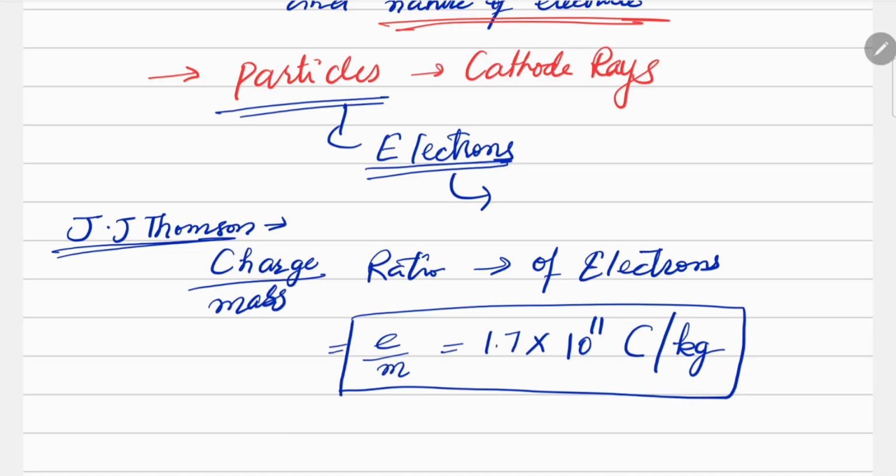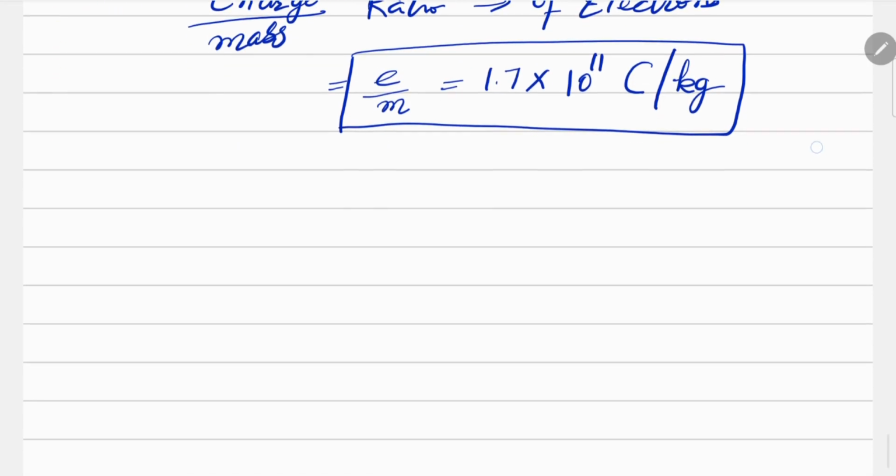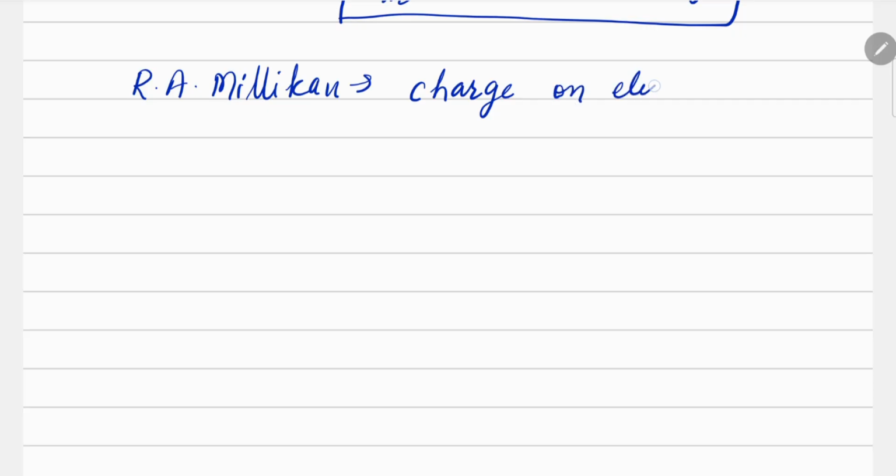Okay, now in later periods, there was a scientist known as R.A. Millikan. He actually discovered the charge on the electron by his experiment.